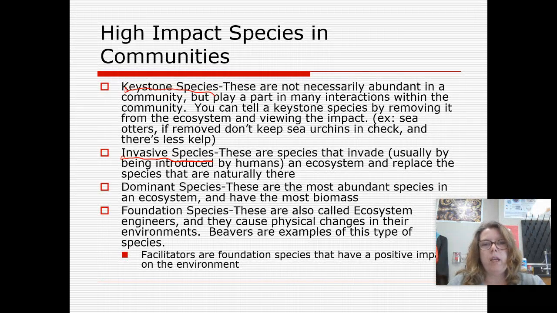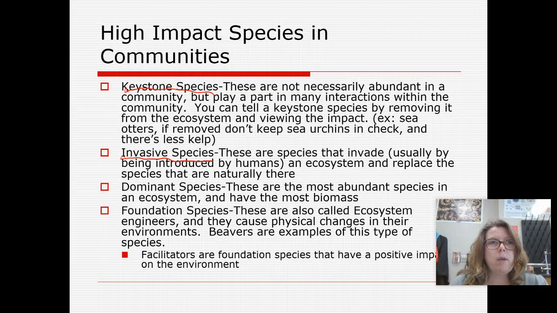They can outcompete the native species because they don't have the environmental pressures on them that native species do. So obviously kudzu, that was brought in the 1940s. It's a Japanese vine that was brought in to try to control erosion. And then it got out and it was problematic, right? There are lots of examples of these.